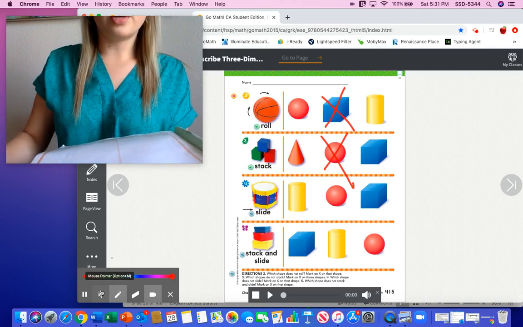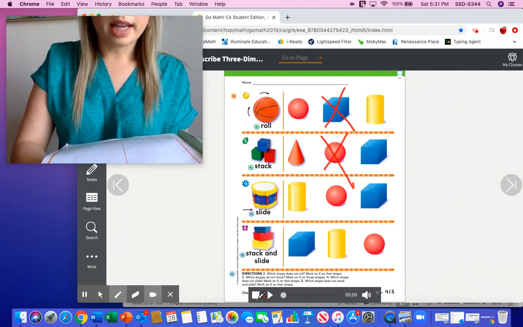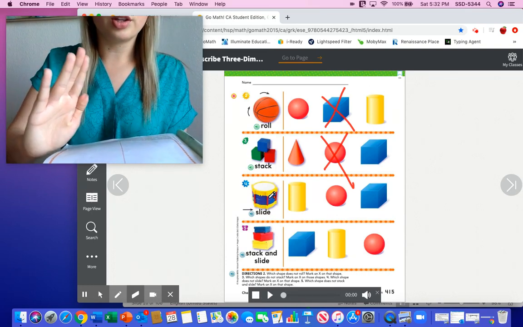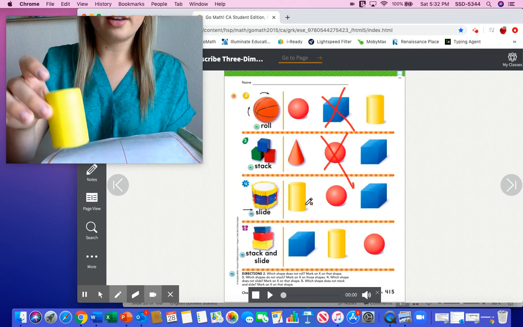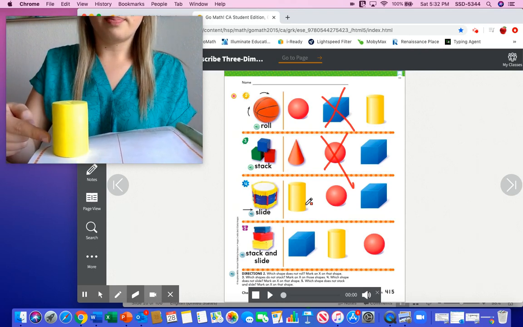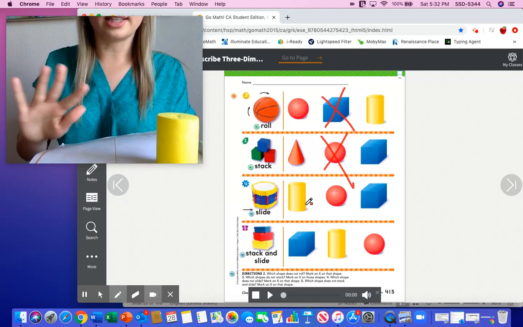So the first thing we're going to look at is this drum set. This plate drum set, if you push it on the ground, it will slide. Let's see the cylinder. Can the cylinder slide? If I put it here and I gave it a push, will it slide? Yeah, so we're going to leave it alone.